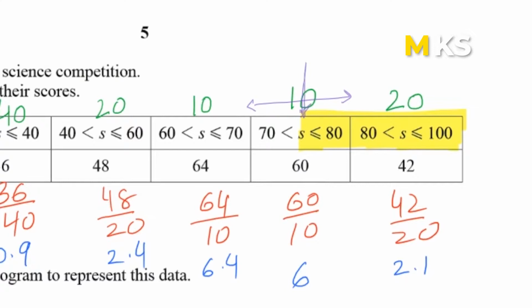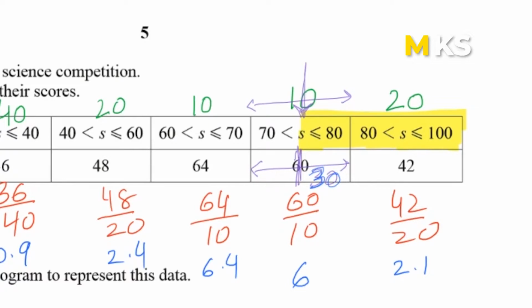So we need to assume that from 70 to 80, if there are 60 students, we distribute them equally. So say 30 scored between 75 and 80 and 30 between 70 and 75. 70 to 80, the gap is 10.